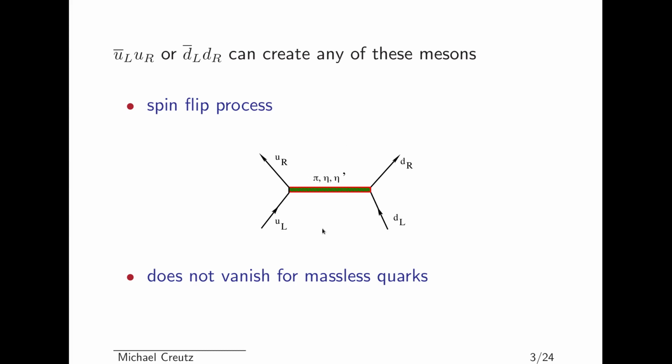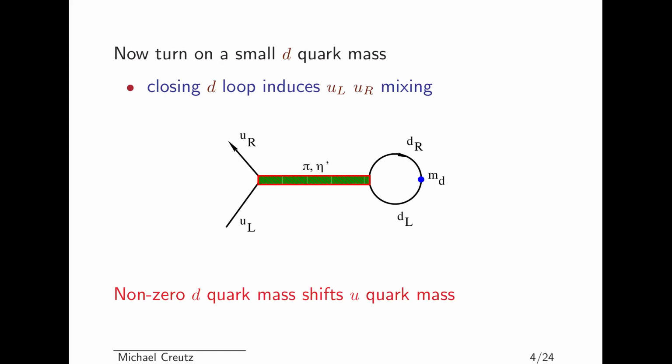And even for massless quarks, this will not vanish because these particles are all there and they all contain these things. And this is actually a consequence of something called the 't Hooft vertex, where the spins can flip for a bunch of particles. Anyway, this has interesting consequences because you can now take this diagram and turn on a small down quark mass. I'll move my microphone closer.